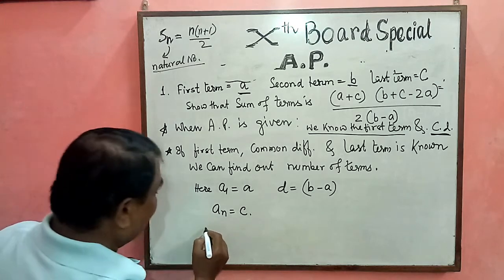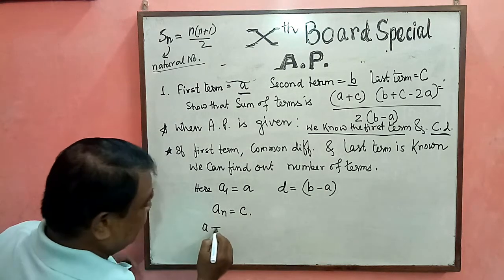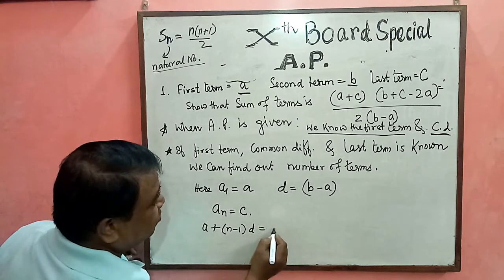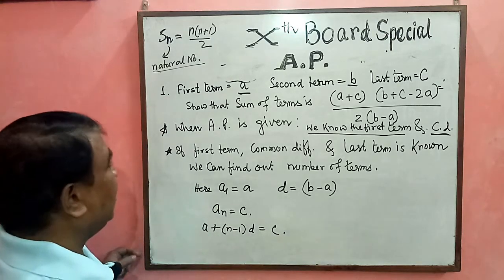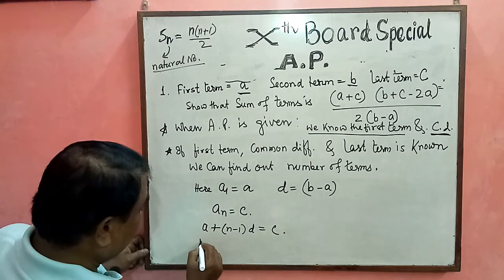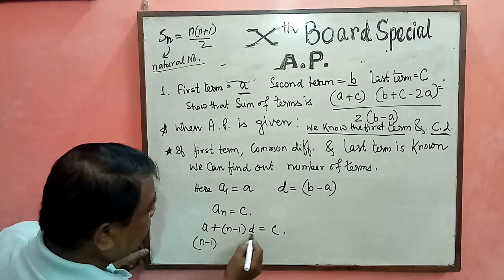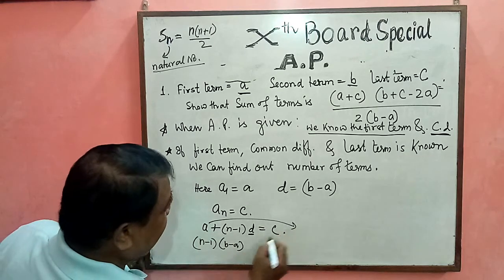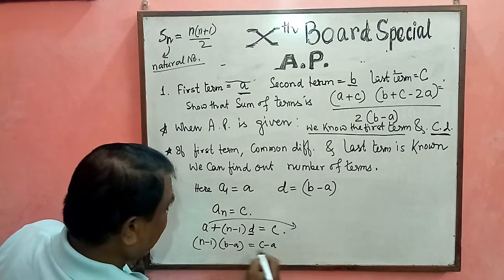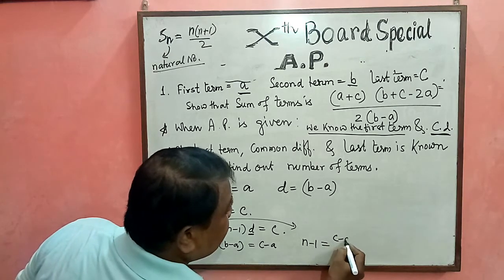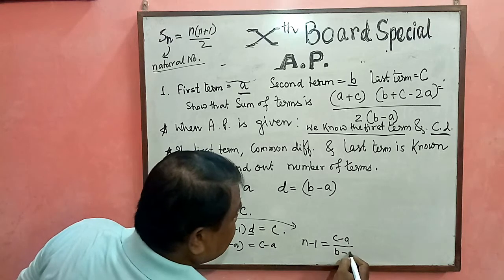Put the formula a plus (n minus 1) into d is equal to c. And d is b minus a. So n minus 1, in the place of d it is b minus a. I am taking a this side, this is c minus a. So n minus 1 is equal to (c minus a) upon (b minus a).